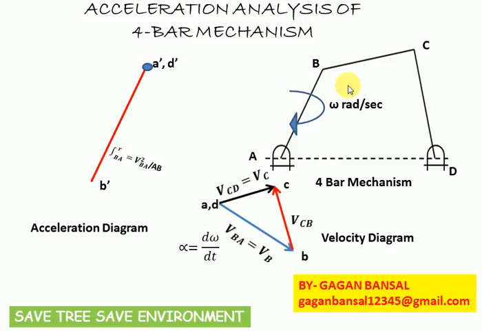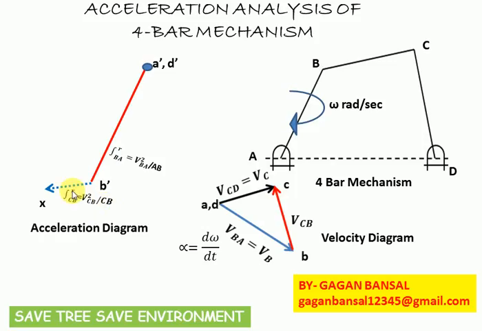Now coming to point C on link BC, total acceleration of C with respect to B will contain the radial component as well as the tangential component. So first of all, from point B dash, draw the radial component of acceleration of C with respect to B, which is parallel to CB and towards B. So from B dash, we'll draw a vector B dash x whose magnitude is equal to V square CB upon CB.